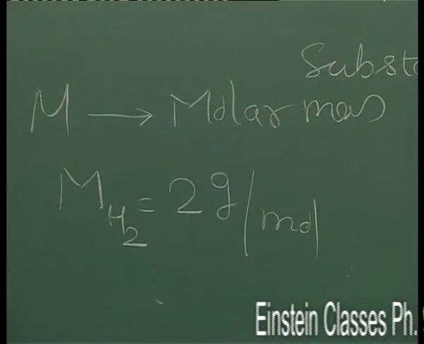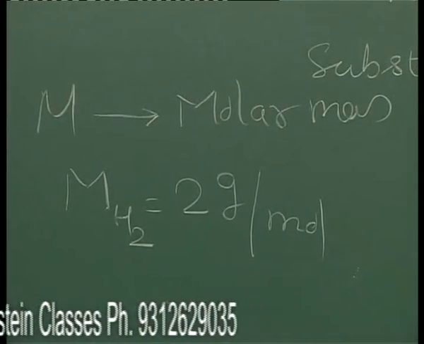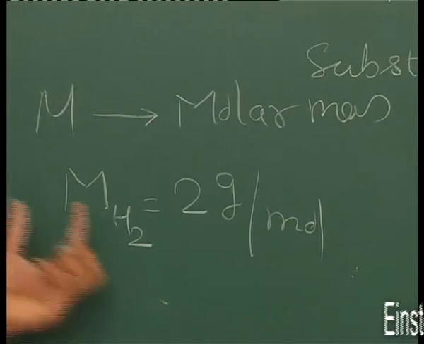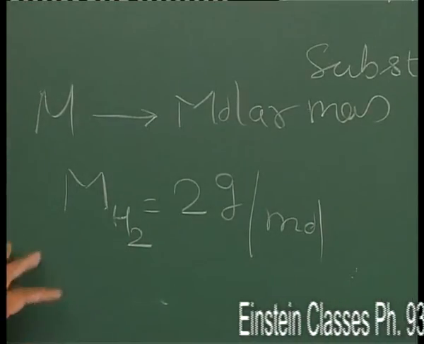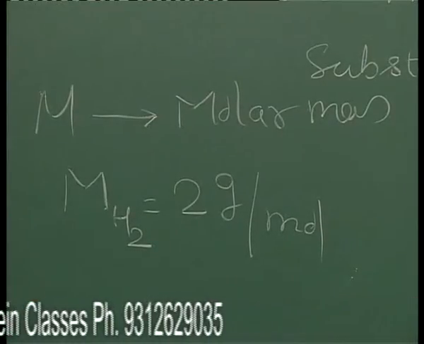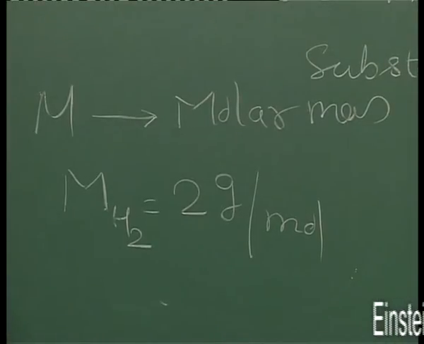Mass of 1 mole of H2 means 6 into 10 raised to power 23 molecules of hydrogen have a mass of 2 gram. So this would be given to us already. If we know this value, then we can calculate the mass of 2 mole of hydrogen, 3 mole of hydrogen or even half mole of hydrogen.